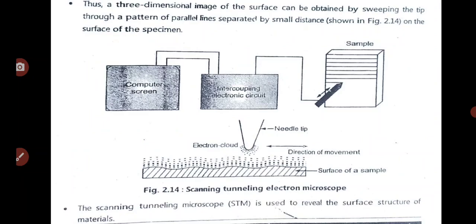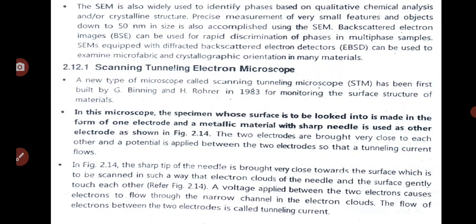The needle tip is near the surface of the sample, and it scans in such a way that the electron clouds of the needle and the surface gently touch each other, as shown clearly in the figure, and voltage is applied between the two electrodes.